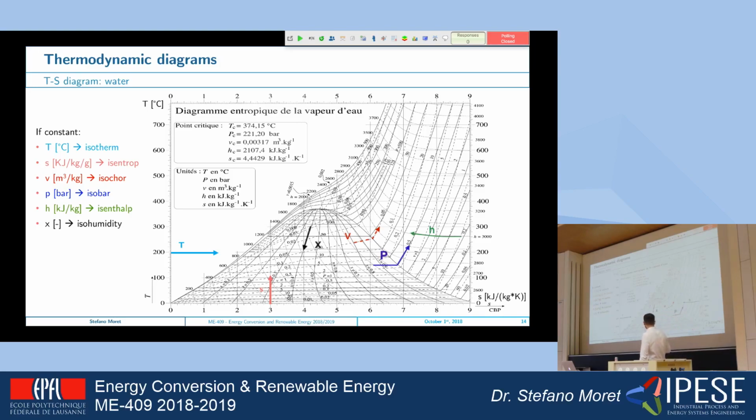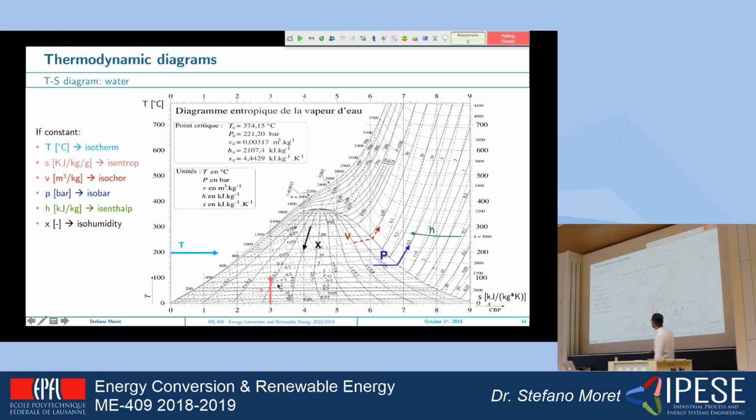On the y-axis we have the temperature, in this case expressed in degrees Celsius. On the x-axis we have the specific entropy, expressed in kilojoule per kilogram Kelvin. And then you have different lines.